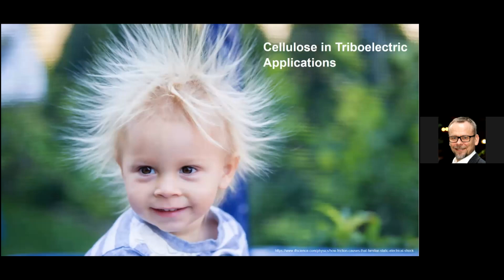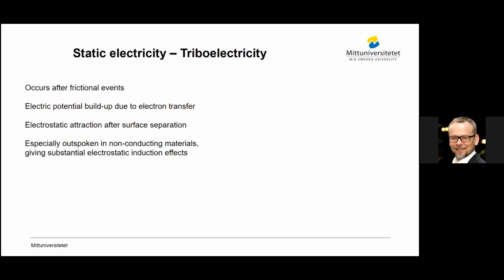The last thing that I wanted to tell you about is the triboelectric applications that we're working with these films, especially of regenerated cellulose. And I mean, static electricity is not a strange thing.